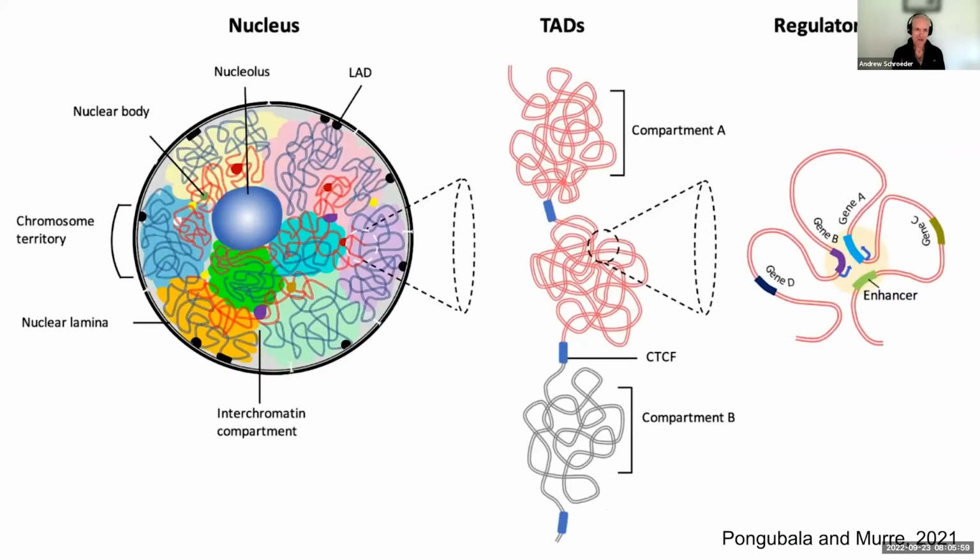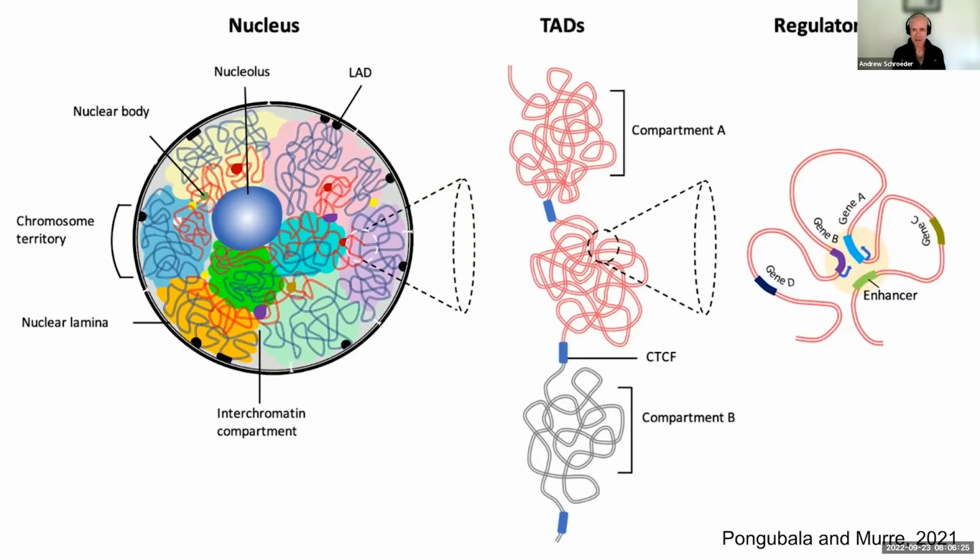So here's a cartoon of how we think about this in some sense. There's a nucleus. It has chromatin, chromosomes organized into territories or regions, and some interesting structures like nuclear bodies and the nucleolus and the nuclear lamina.